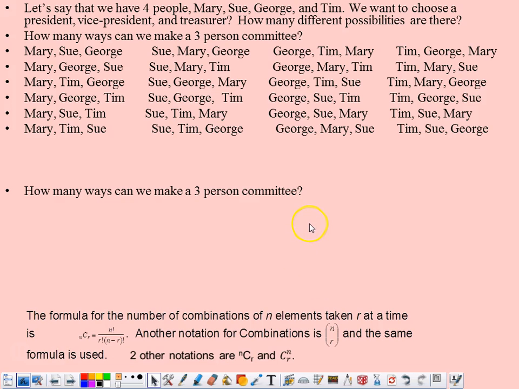Okay, so let's just talk about, first of all, the different ways that we could have president, vice president, and treasurer. So how could I figure that out? And then what would that be as far as permutations or combinations?